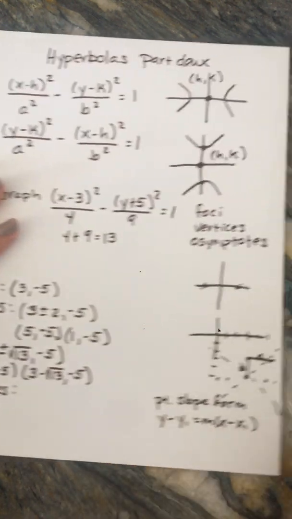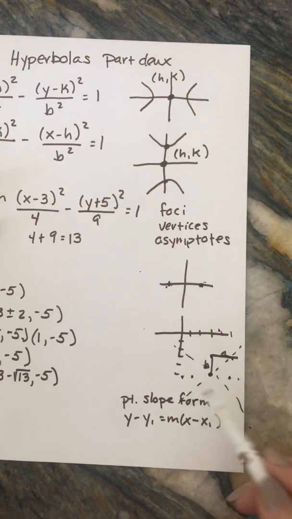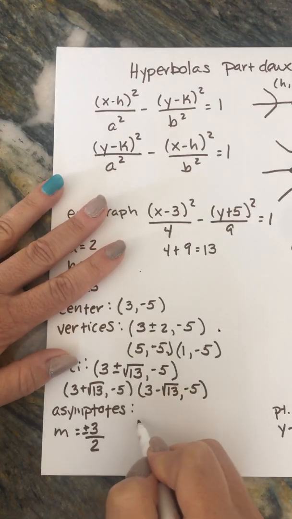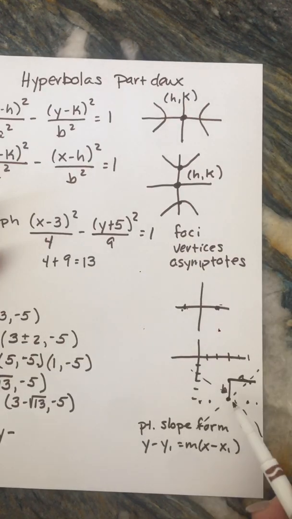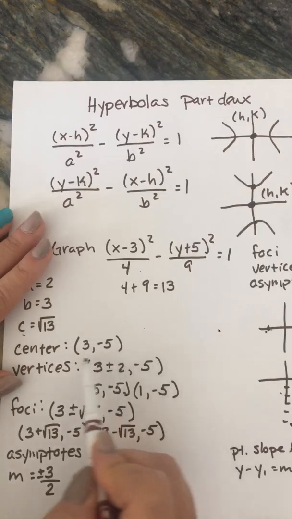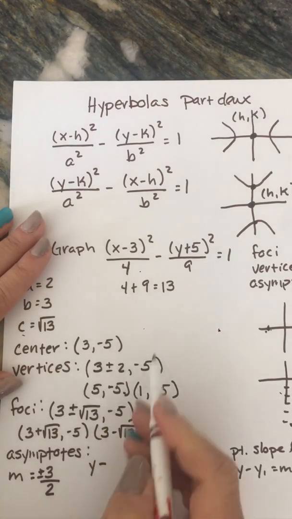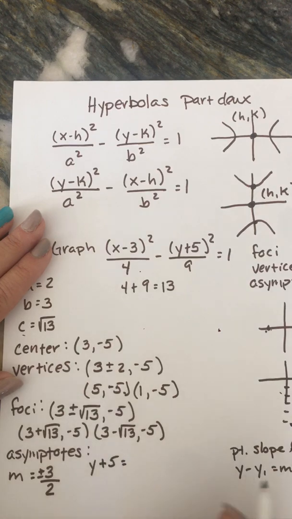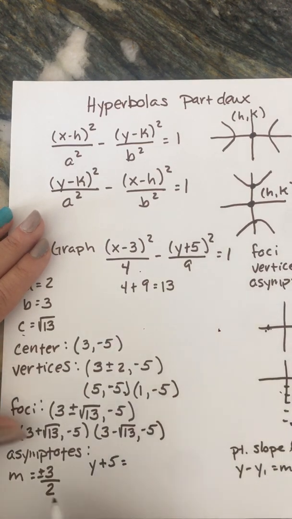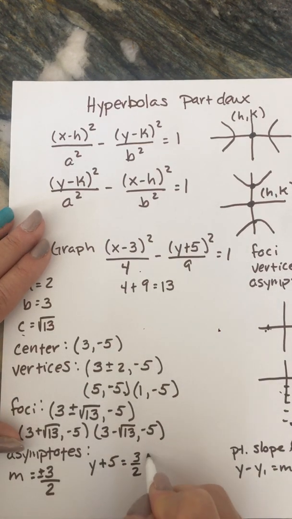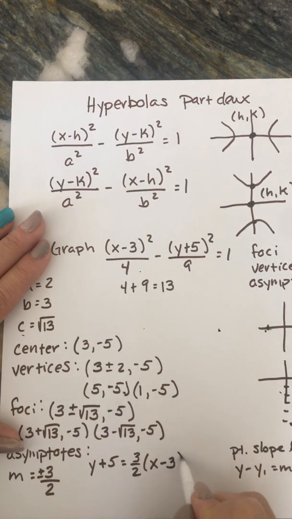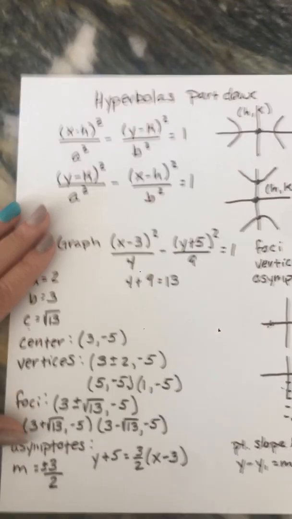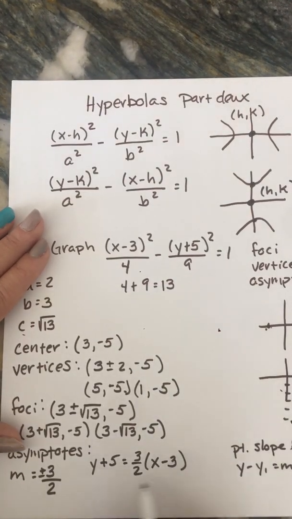Let's pick the positive slope. The coordinate that this asymptote will go through is always the center, so let's use the center as our point. So y minus negative 5 equals 3/2 times x minus 3. So there is one of my equations for my asymptote.